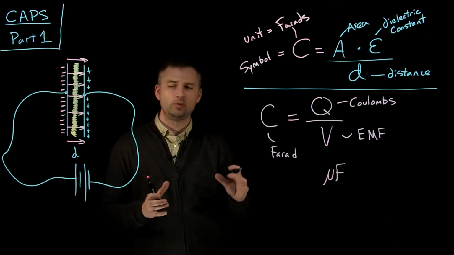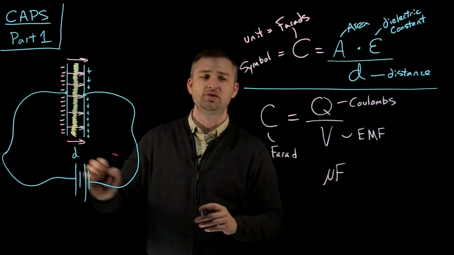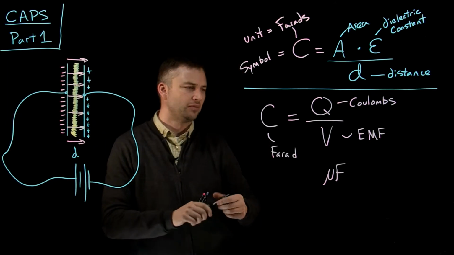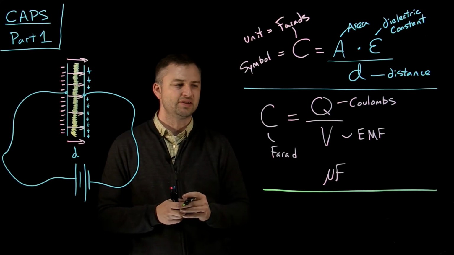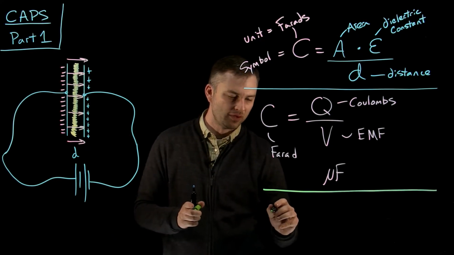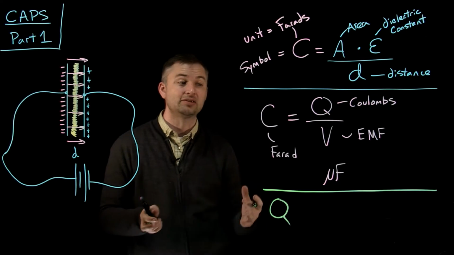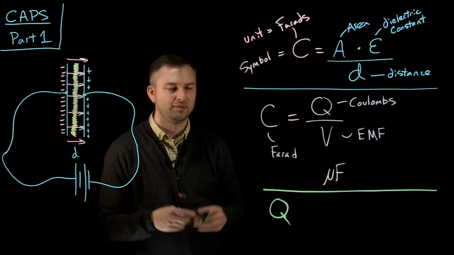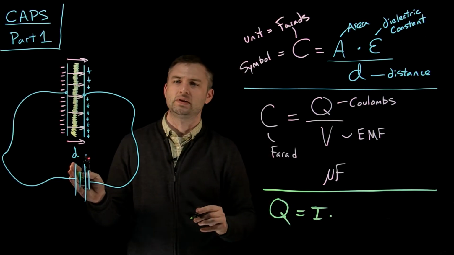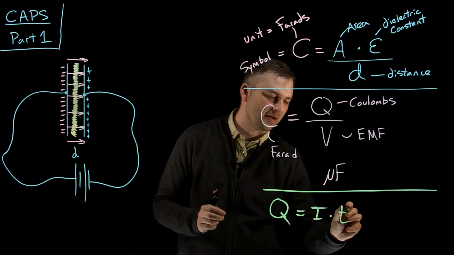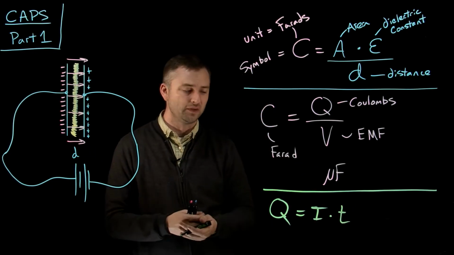So if we want to figure out how much charge is on this plate, another formula we can use, kind of a throwback to simpler times, is that the charge is equal to the amount of current going to the capacitor multiplied by the amount of time that amperage is flowing.